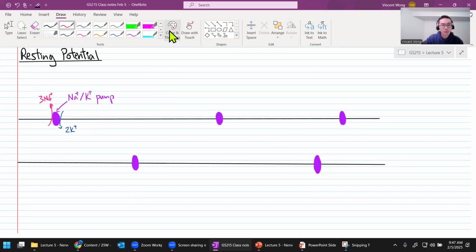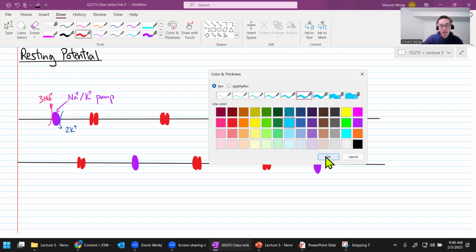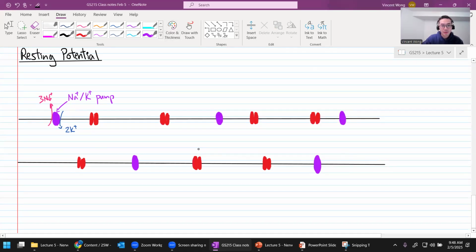And we're going to draw more channels. We're going to have these sodium channels, and because we are sitting at -70 at the moment, all of them will be closed. It doesn't really matter where you put them. I just put them anywhere as you see fit.